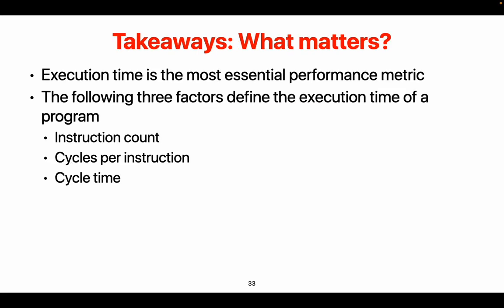But the big takeaway here is that 3 important elements affect our performance. The first is the instruction count, the second is the cycles per instruction, and finally the cycle time. So 3 big factors affect the total execution time of your program.